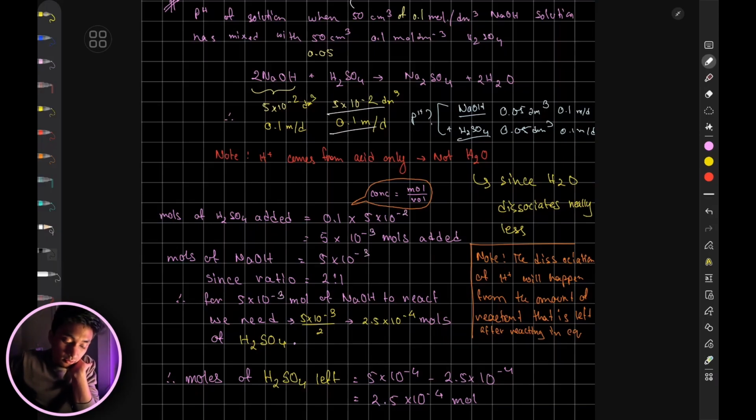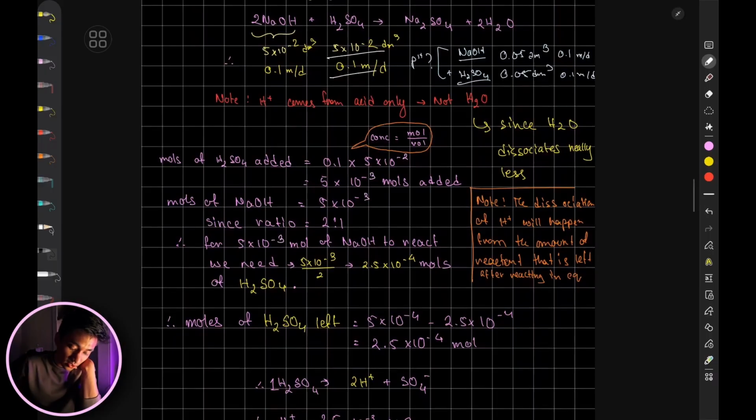So that would essentially mean that less of H2SO4 is needed compared to NaOH. We're going to see that in the calculation as well.